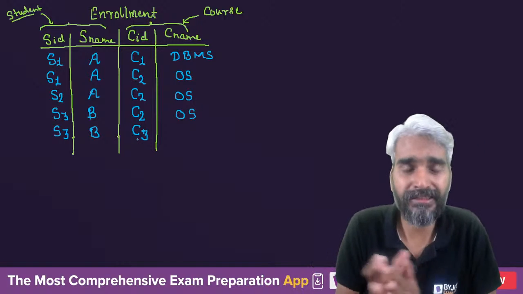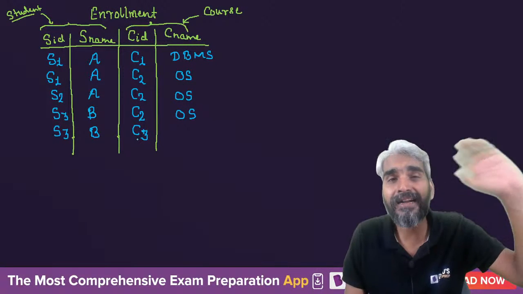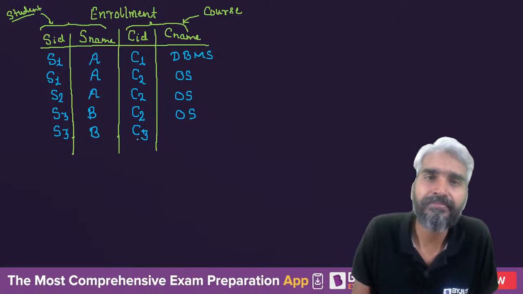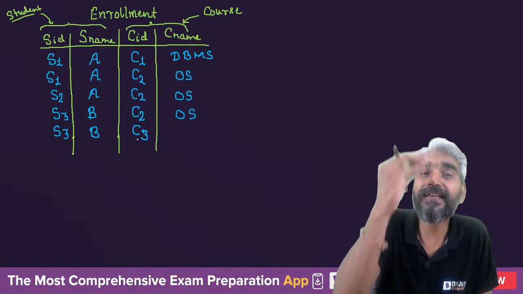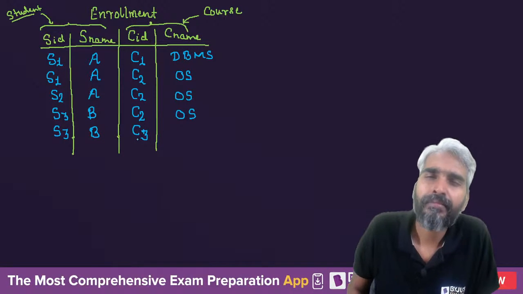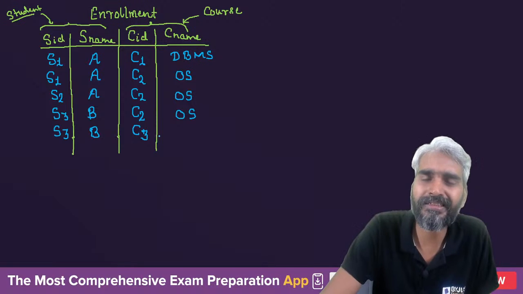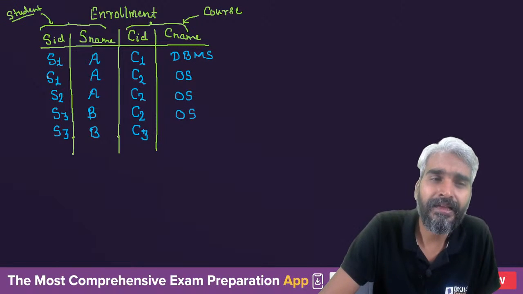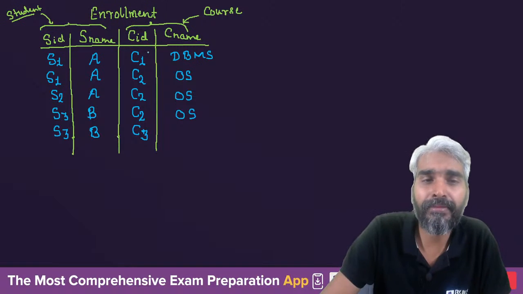Just try to understand this. Can we have two different courses whose course IDs are different but the names are same? Yes, it is possible. Why is it possible? Let's try to understand. Just like there may be two student IDs whose names are same. Similarly, there may be a course C1.